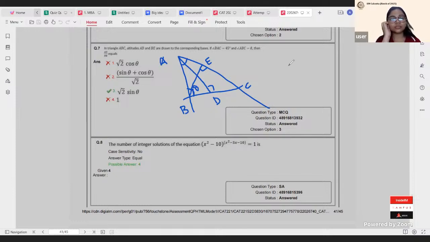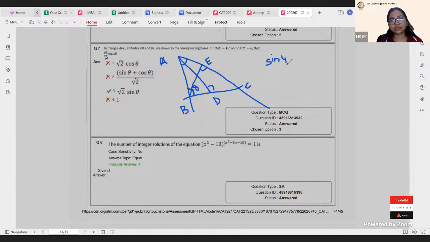So we know that since BAC is 45 degrees, we'll have to somehow incorporate the trigonometric functions in such a way that they incorporate these sides whose ratio we want. So maybe sine 45 degrees.